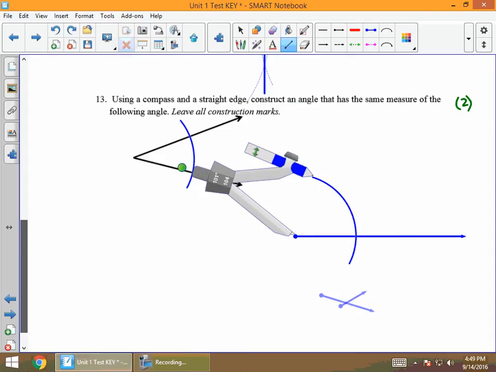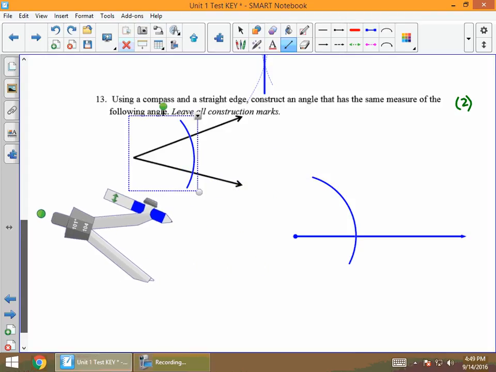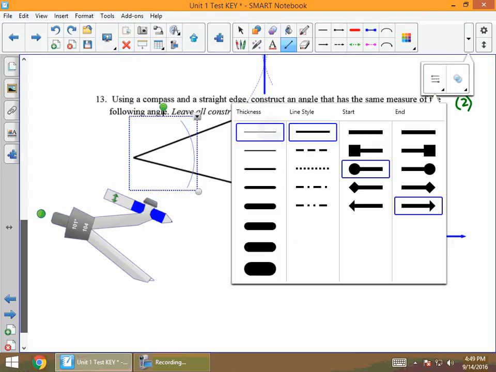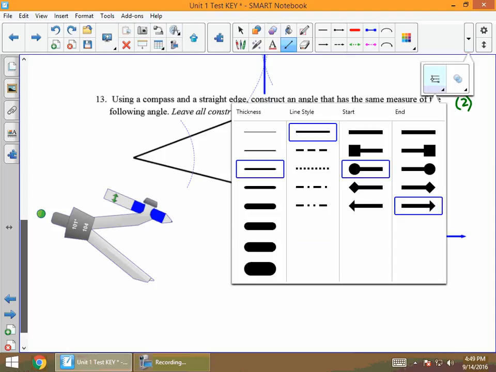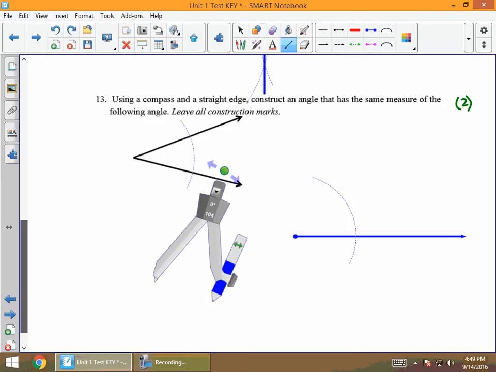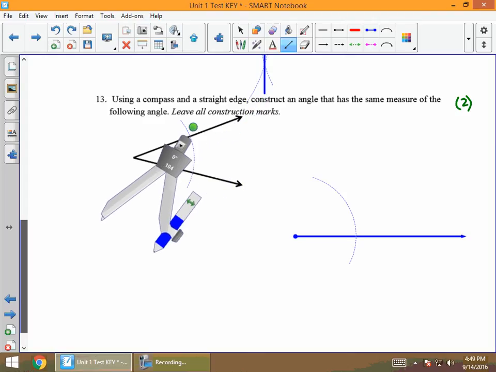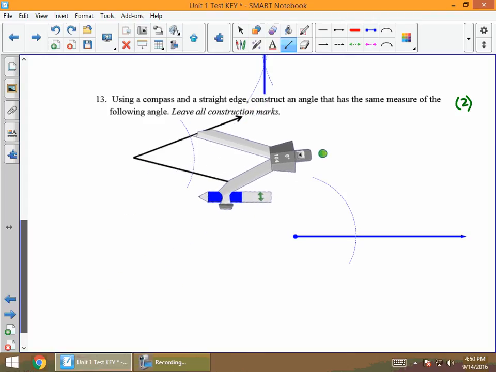Apply that and that. All right, so I have my mark. Now, again, these are construction marks, so let me go ahead and make them a little bit smaller. That way we can tell that they are construction marks. And the last part of this is I have to use my compass to measure how wide open the angle is. So I'm going to just measure using my compass.